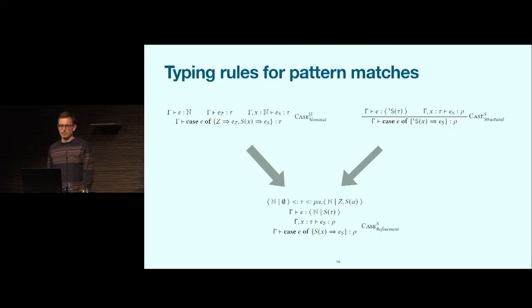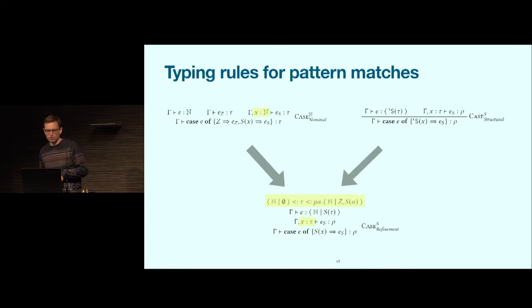Similarly, for pattern matches, we combine the typing rules that you would have in a normal nominal system with the rules that you would have in a system for polymorphic variants. I won't go into all the details, but just show the characteristic properties. In a nominal system, if you pattern match on the successor constructor, you know that the x that you bind will be a natural number.